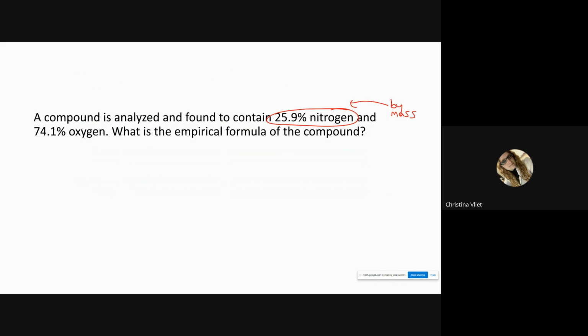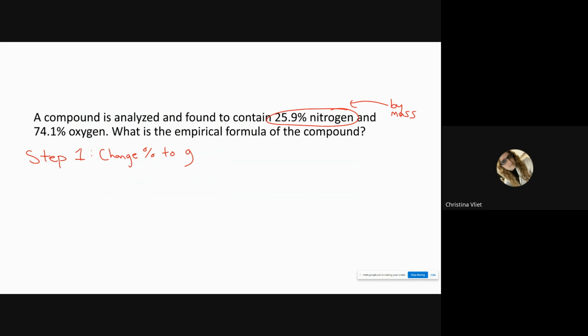What's step 1? You got it. It says change percent to grams. What does that actually mean?